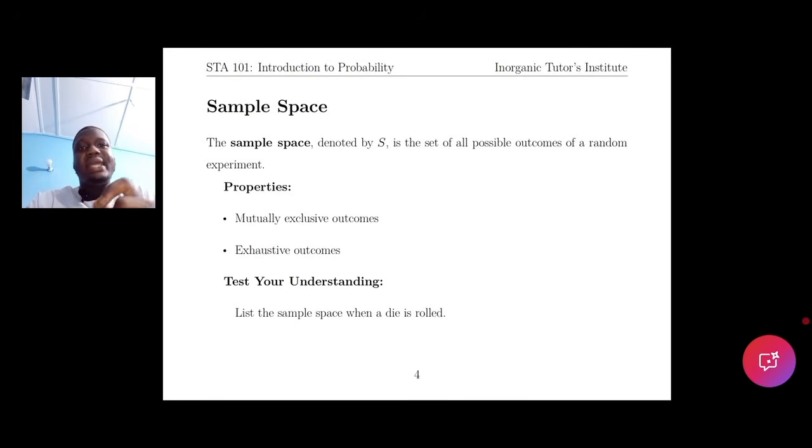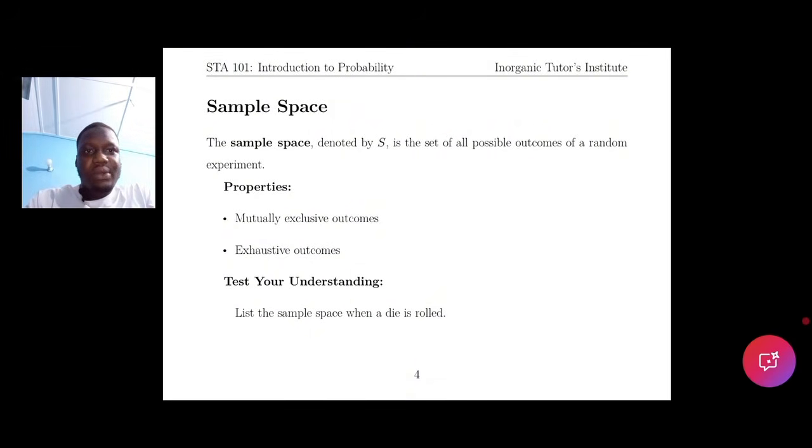So the sample space S is equal to {1, 2, 3, 4, 5, 6}. It's a set of only the possible outcomes. So you can't include 7 in this set. You can't include -5 in this set.